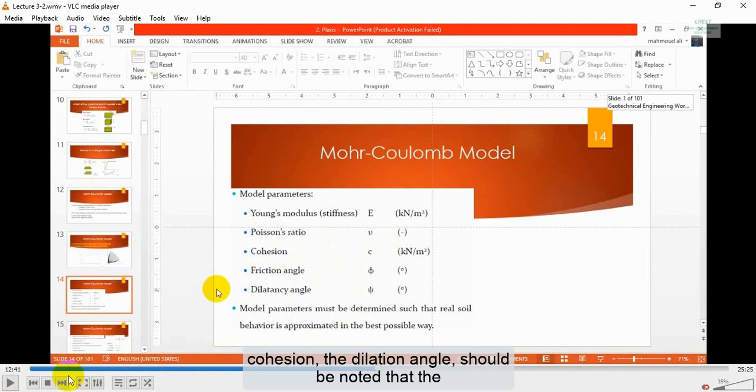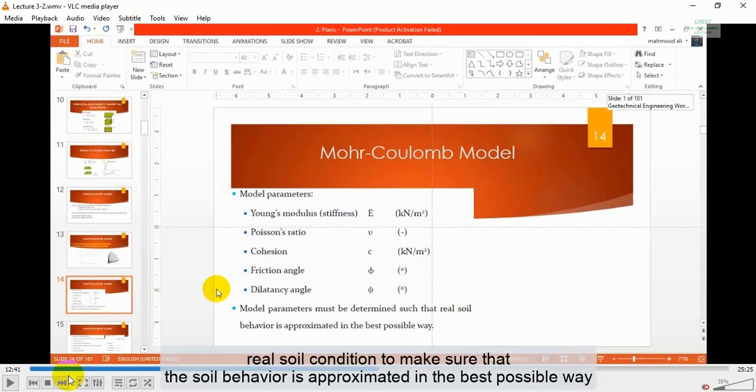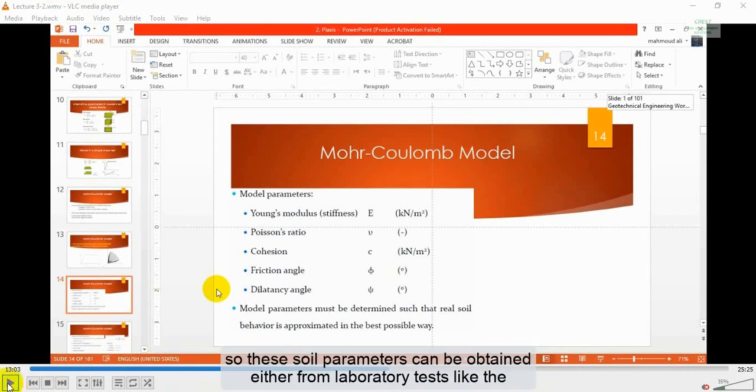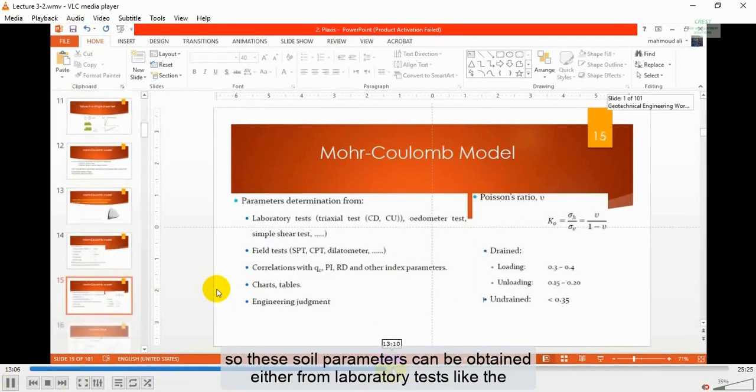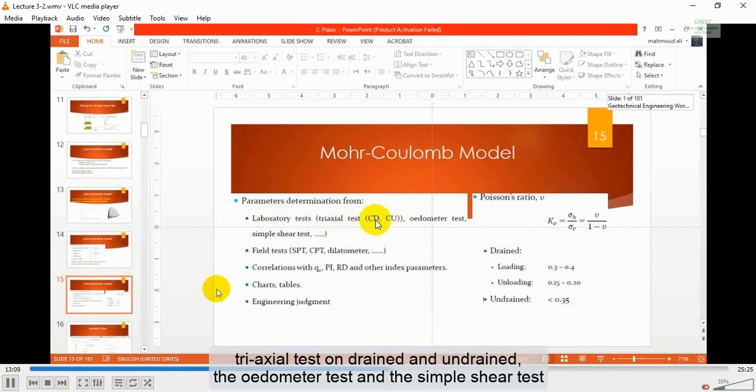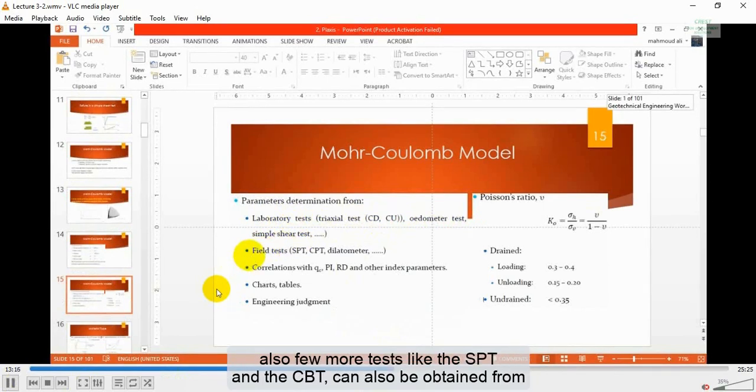It should be noted that the chosen parameters for your model must be a good representative of the real soil condition to make sure that the soil behavior is approximated in the best possible way. So these soil parameters can be obtained either from laboratory tests like the triaxial tests, unconsolidated undrained, consolidated drained and consolidated undrained, the oedometer test, and the simple shear test, or from field tests like the SPT and the CPT.